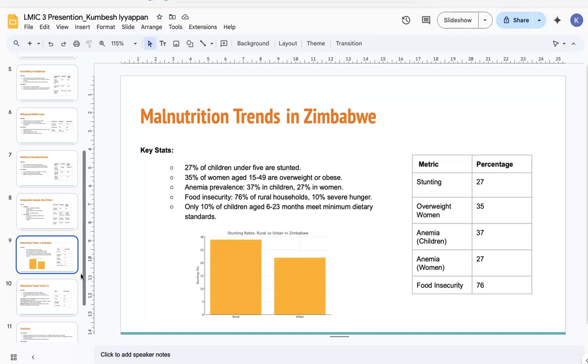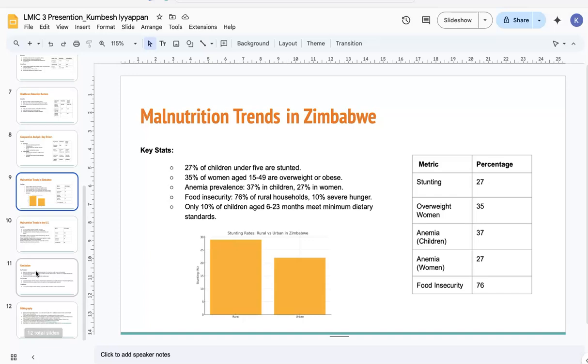And in the bar graph, I mentioned how rural areas deal with more stunting rates than urban areas. And in the table, I mentioned a few metrics regarding malnutrition and the percentage of the population getting impacted.